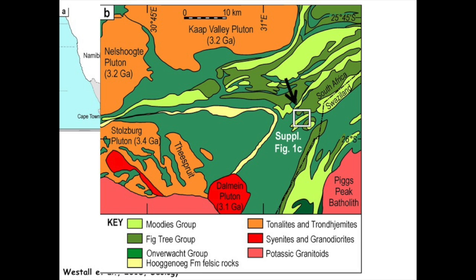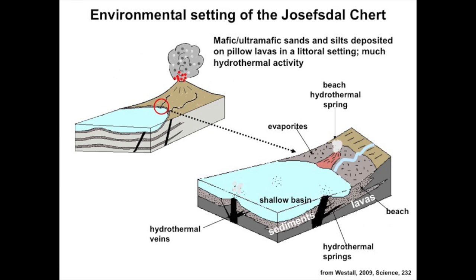Where I'm going to show you photographs from the field. You'll see rocks, outcrops of rocks in the field. But when you see these outcrops of rocks, keep in your mind how they formed. I'm going to show you sediments that formed in sort of the shallow water basins. Here, for instance, the light grey represents the volcanic rocks, the pillow lavas, the mafic, ultramafic lavas, and the dark grey stippled areas represent the sediments that are derived from these lavas.